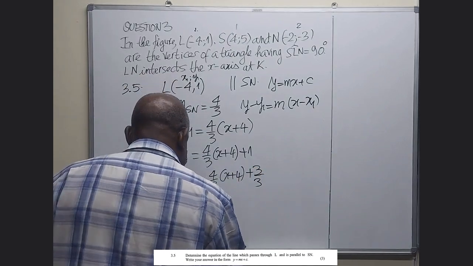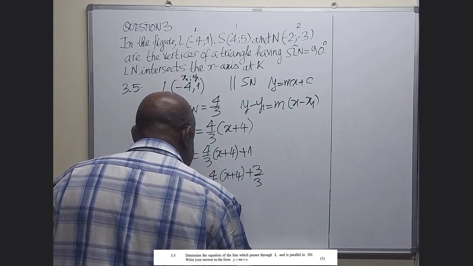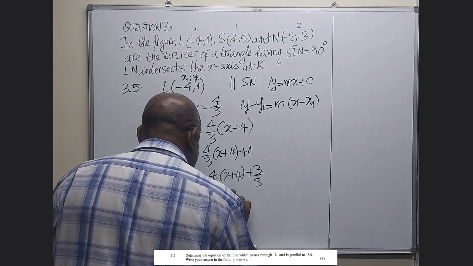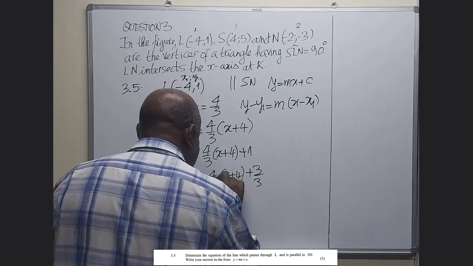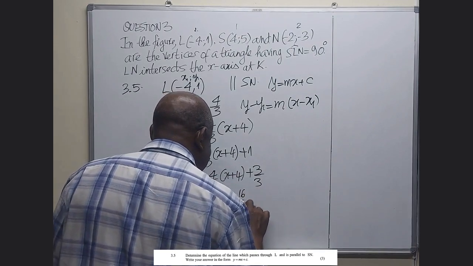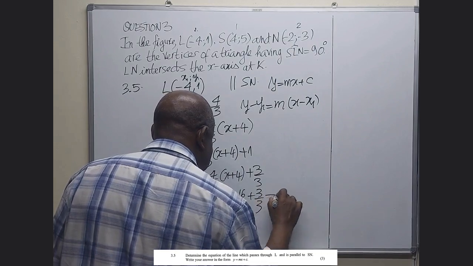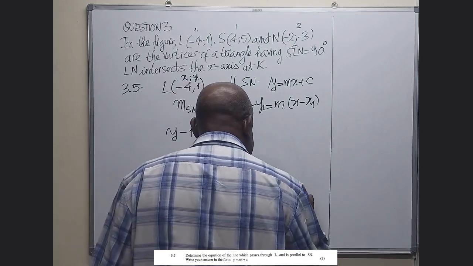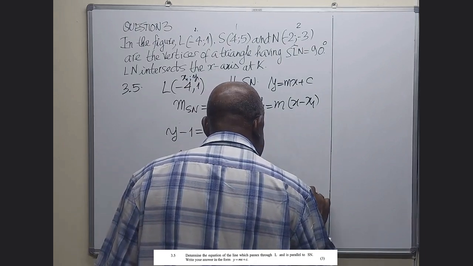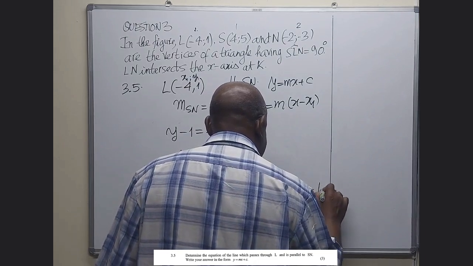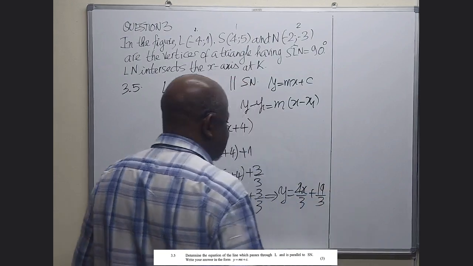So now y will be equal to 4x over 3 plus 16 over 3 plus 3 over 3. This will imply that y will be equal to 4x over 3 plus 19 over 3.